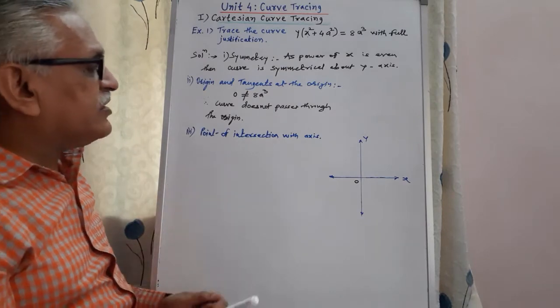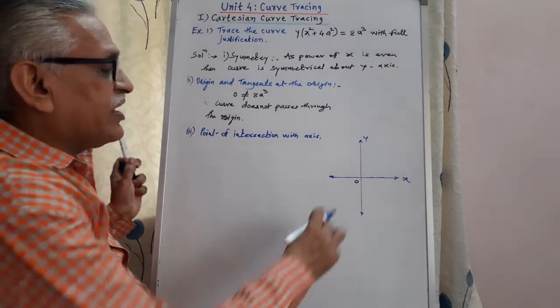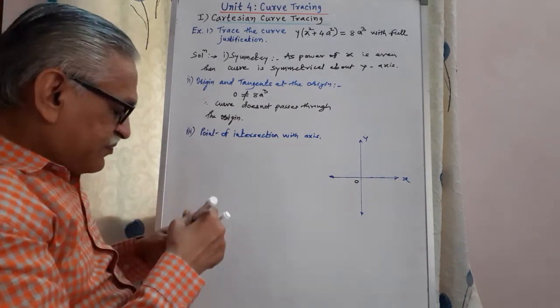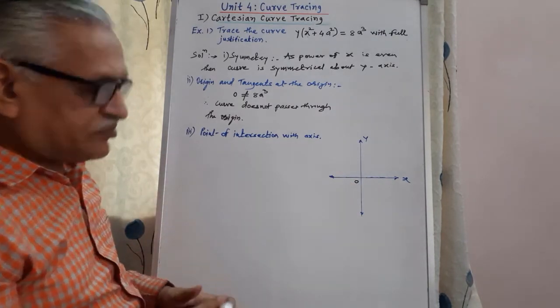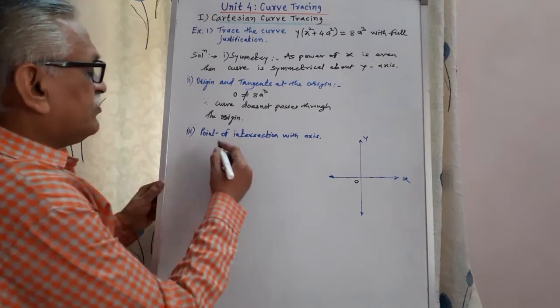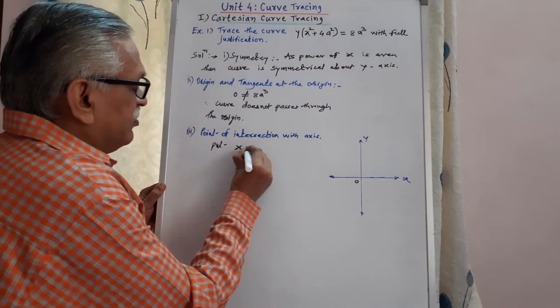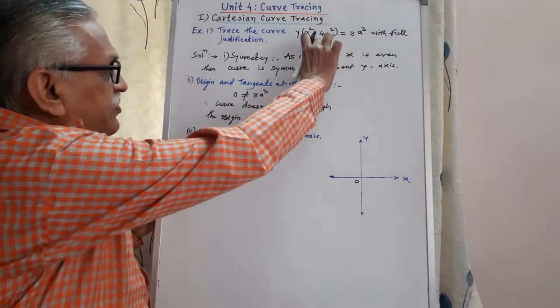As the curve is symmetrical to y-axis, we get a point of intersection with y-axis. For that, we have to substitute x is equals to 0. Put x is equals to 0 in that equation.